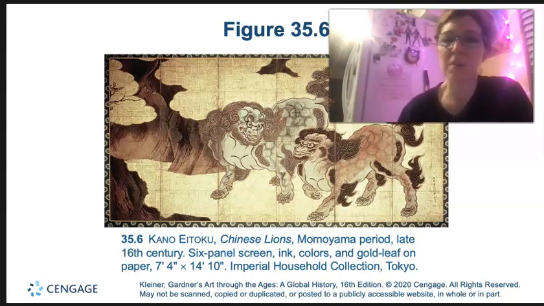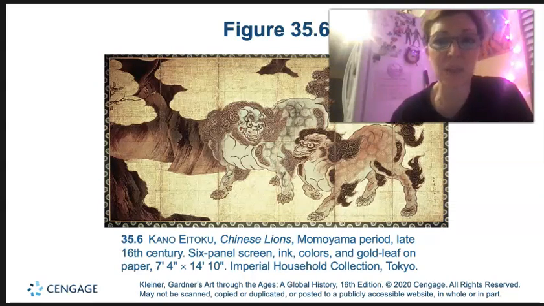Kano painters of the Momoyama period were asked to create folding screens and sliding panels for structures built for the warlords. The six-panel paintings that were used as sliding doors were referred to by the Japanese term Fusuma.